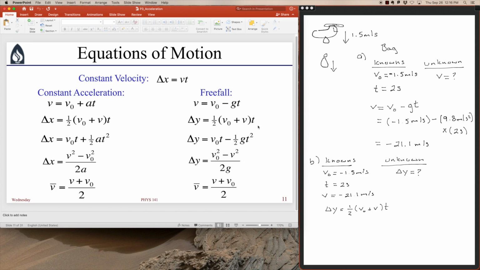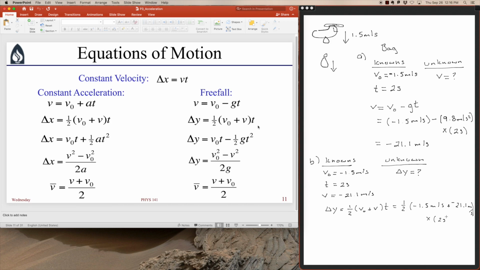So if I plug in numbers here, I have 1/2. My initial velocity is negative 1.5 meters per second, plus the final velocity, negative 21.1 meters per second. And then I need to multiply that by time, which is 2 seconds.